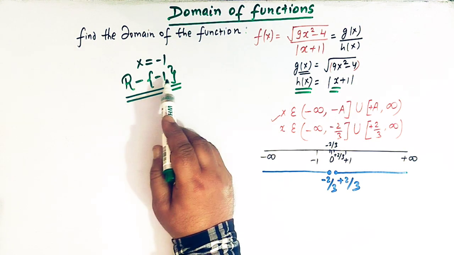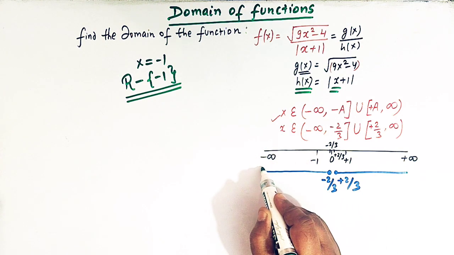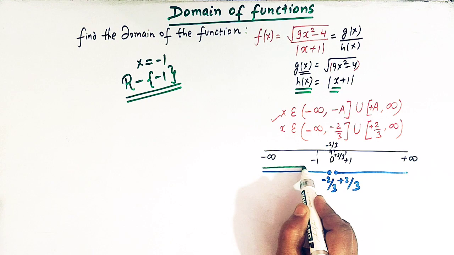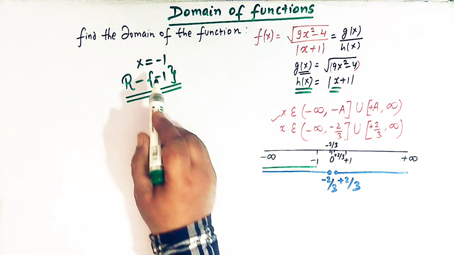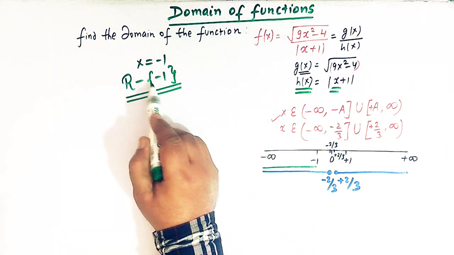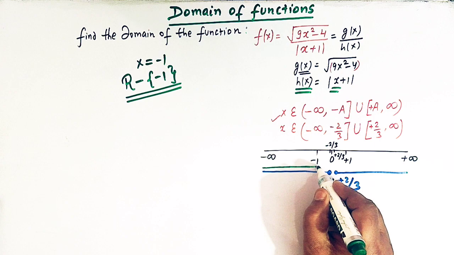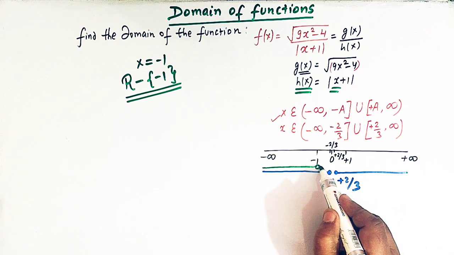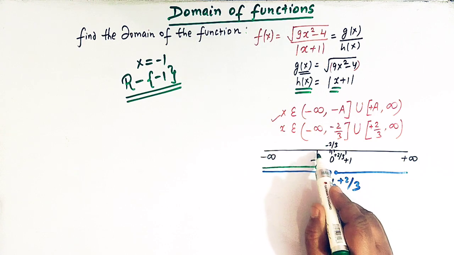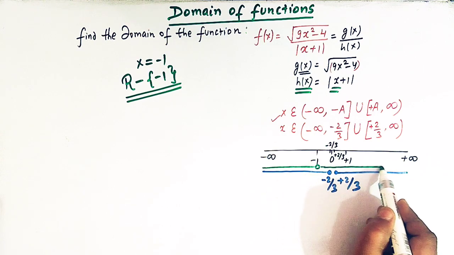So R minus minus 1 is represented like this. We have all the values in this interval excluding minus 1. For representing the exclusion of minus 1, let us draw a circle here, right? And then we have all the values running from minus 1 to infinity.